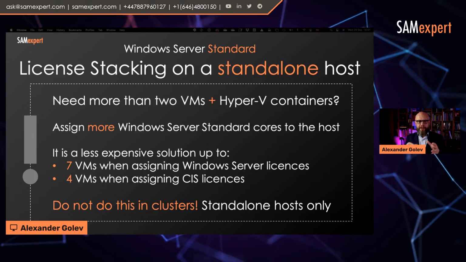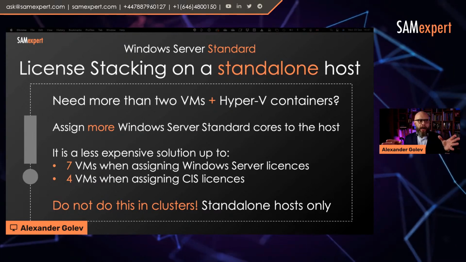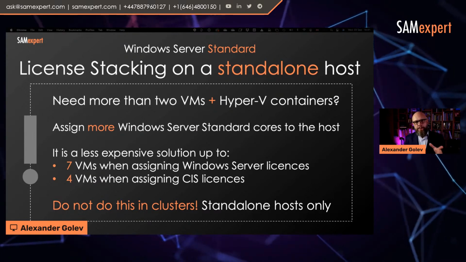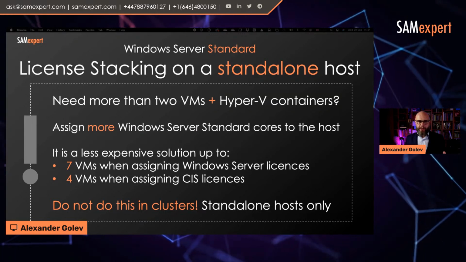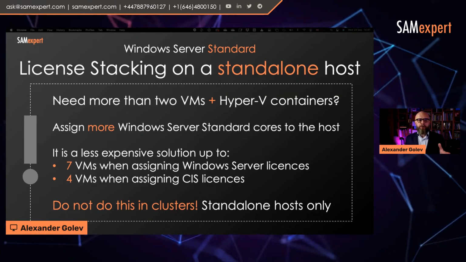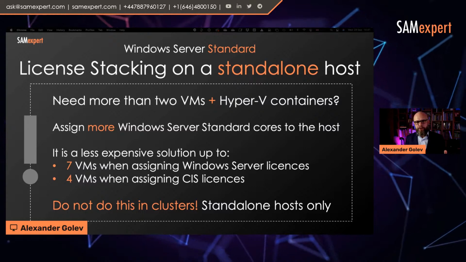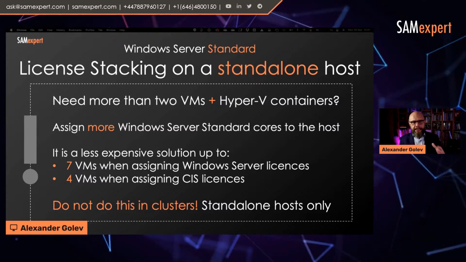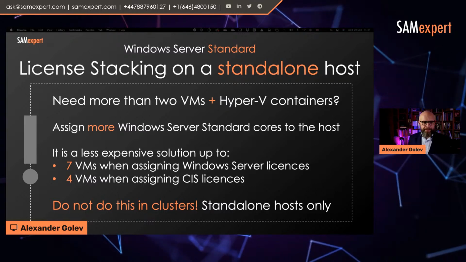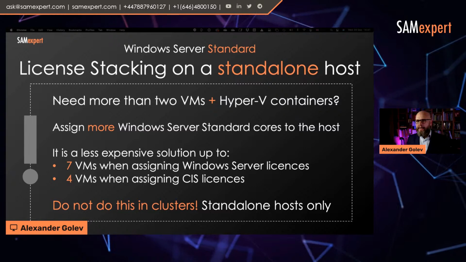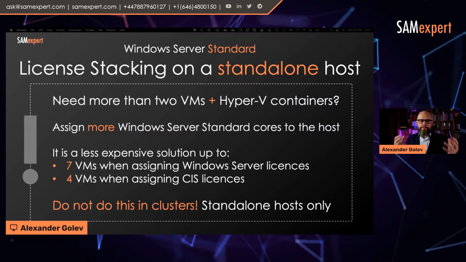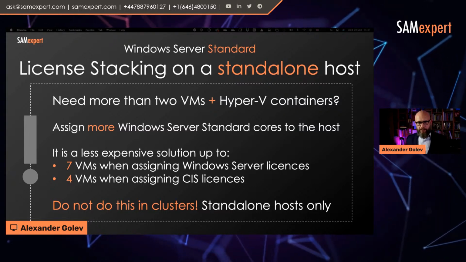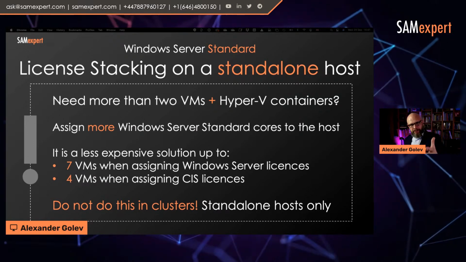I've seen clusters where the majority of virtual machines are Linux, and they only run 2 or 3 Windows Standard virtual machines. In that case, you can review licensing with Windows Server Standard because it's simply cheaper. I'll explain how you calculate that.